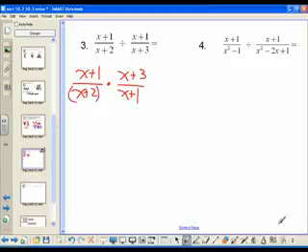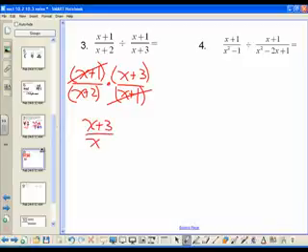Now remember, the binomials are locked together. All these things are locked together. You can't divide them up in and of themselves. But this binomial cancels that binomial, leaves us with x plus 3 over x plus 2, which is our most simplified form. And most of you got this one.